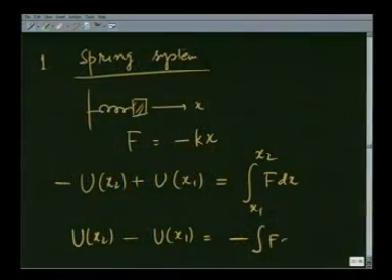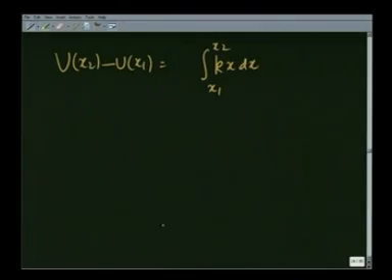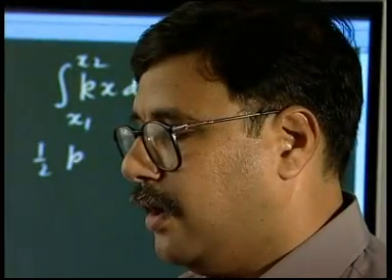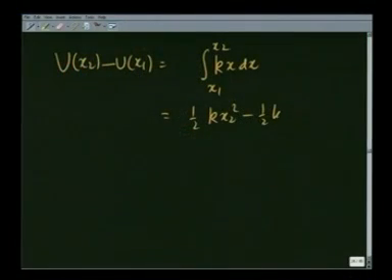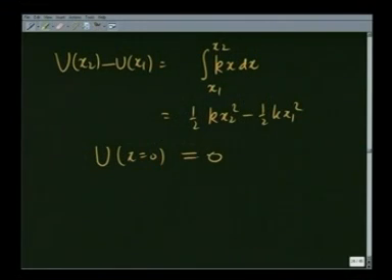So, minus sign, integral of F dx from x1 to x2, which then becomes U(x2) minus U(x1) is equal to the integral of kx dx from x1 to x2, which is equal to half k x2 square minus half k x1 square, the formula you are well familiar with. Also, I take in this case U at x equal to 0 to be 0, and that is my reference point, and therefore, I write in general U(x) is equal to 1 half k x square.